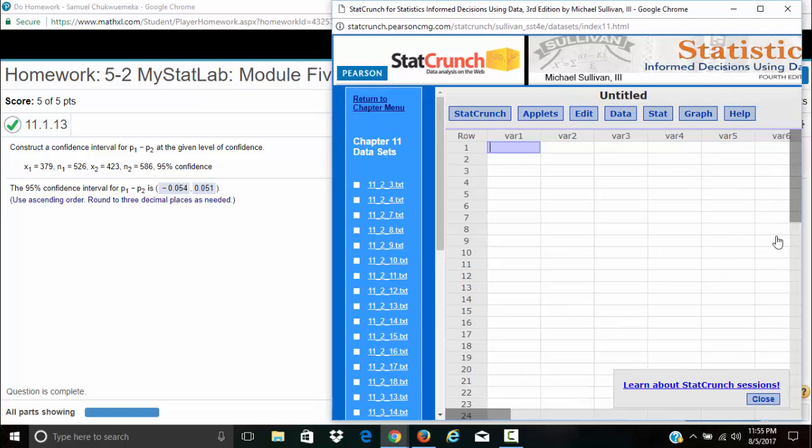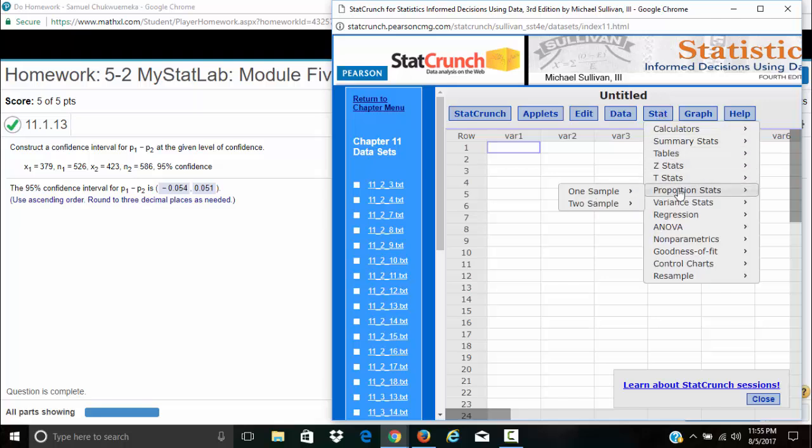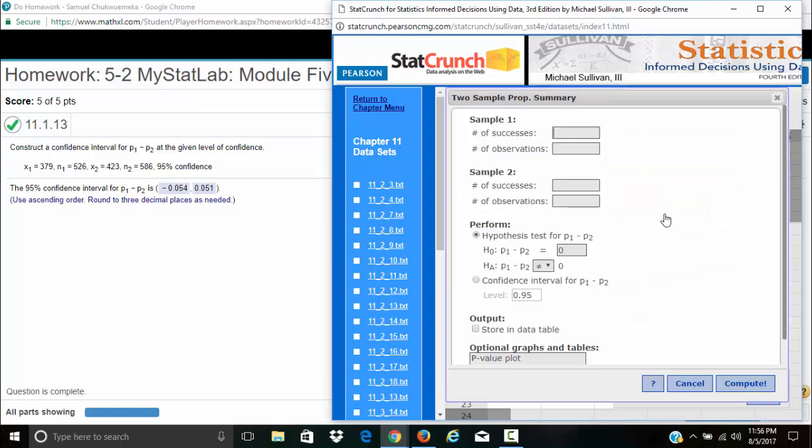Then go to Stats, Proportion Stats, Two Sample with Summary. x1 is 379, sample size 1 is 526, x2 is 423, and sample size 2 is 586.